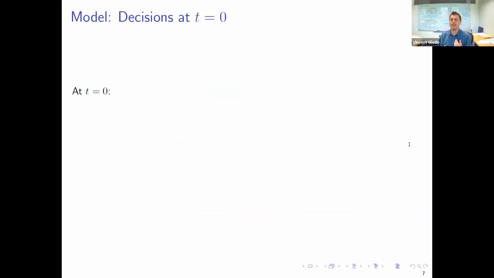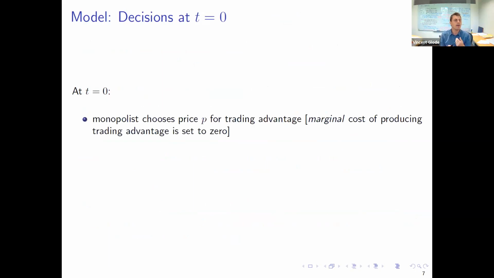So now thinking about the decisions that agents can take before the transaction occurs at time equals 1, so the decisions that take place at time equals 0, the monopolist chooses a price P to charge for the trading advantage. And just to simplify the algebra, we'll assume that the marginal cost of producing an extra trading advantage is 0.